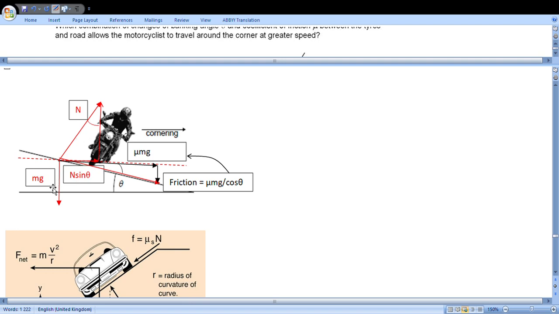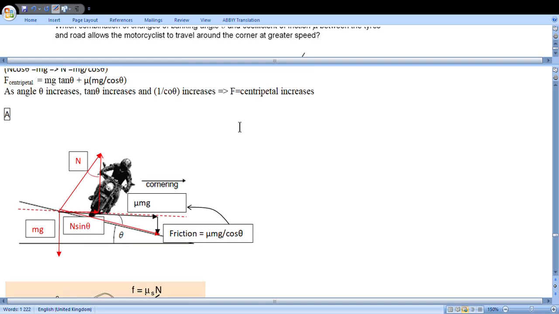So mg equals N cosine theta, and centripetal force is N sine theta. Friction force depends on reaction, mu mg over cosine theta. Friction is also slightly increasing the normal reaction.